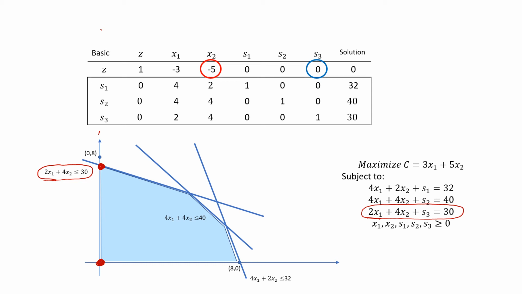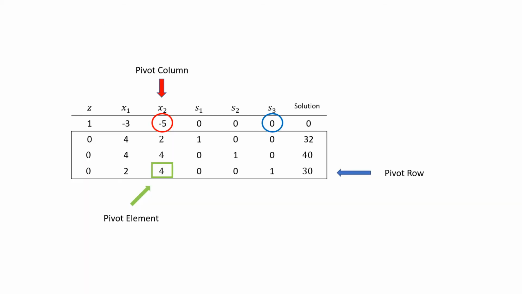Okay, so we have identified now our entering variable and our leaving variable. Now we have to exchange them. So just a bit of terminology. x2 was our entering variable. We call that our pivot column. S3 is the leaving variable.